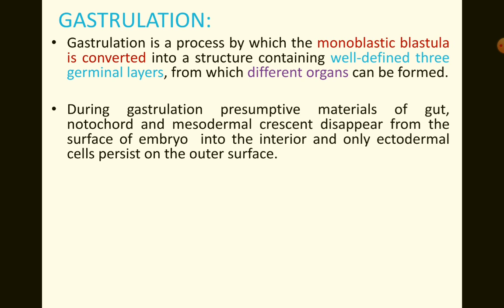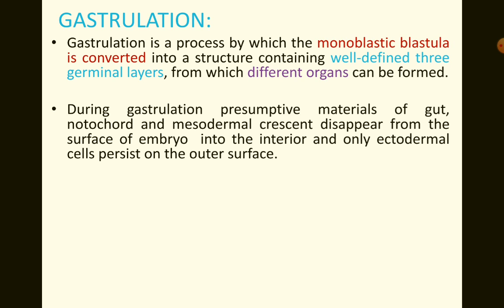As we said earlier, gastrulation is a process by which a monoblastic blastula is converted into a structure containing well-defined three germ layers from which different organs can be formed. During gastrulation, the presumptive materials of the gut, the notochord, and the mesodermal crescent disappear from the surface of the embryo into the interior, and only the ectodermal cells persist on the surface, because the actual position of the mesoderm and endodermal blastomeres is inside.